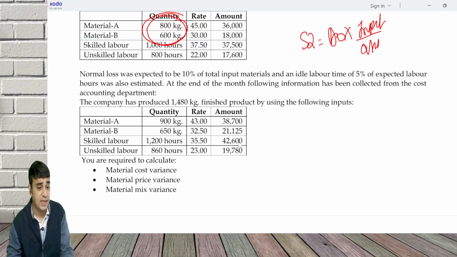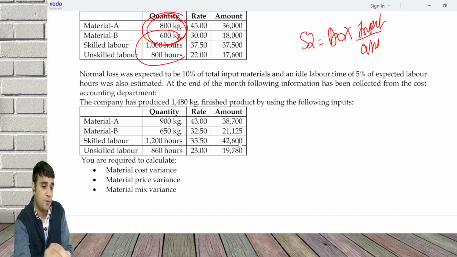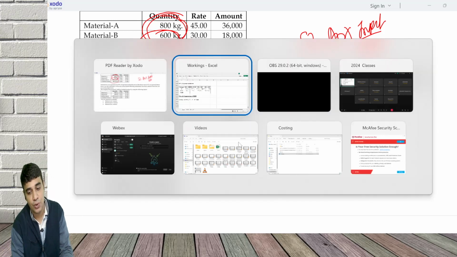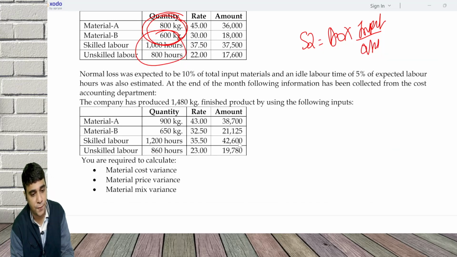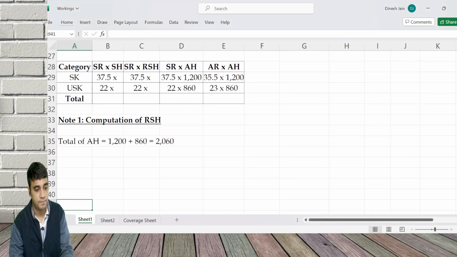Split it in the ratio of 5 is to 4, since the standard is 1000 is to 800. Split in the ratio of 5 is to 4.